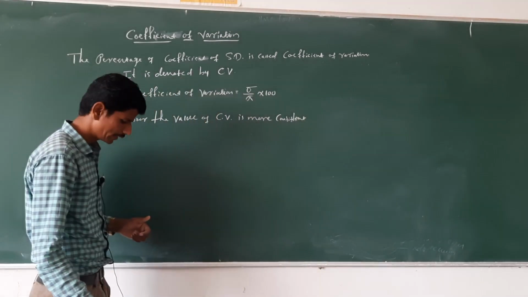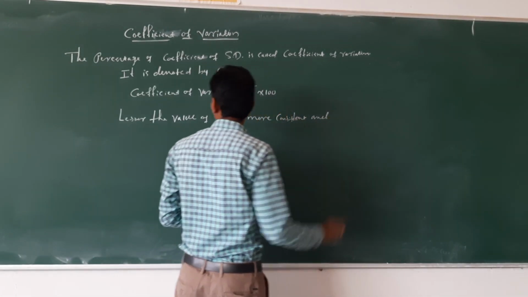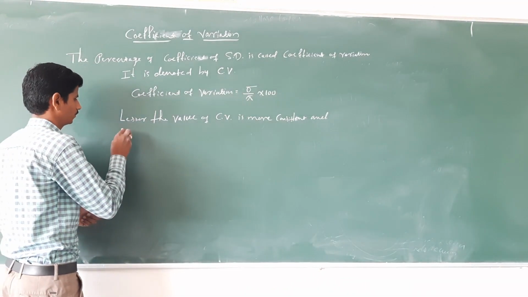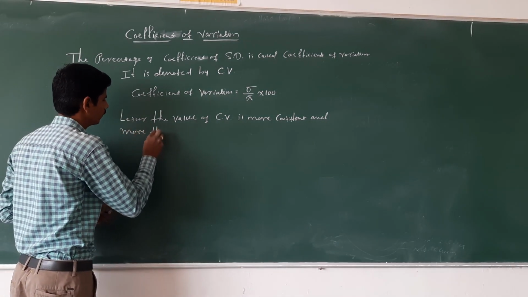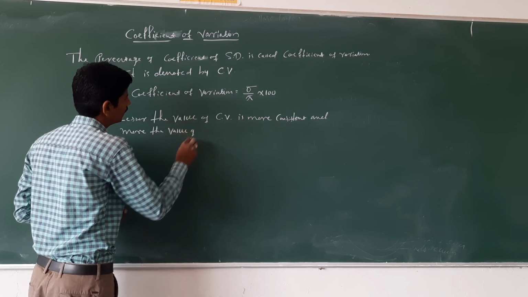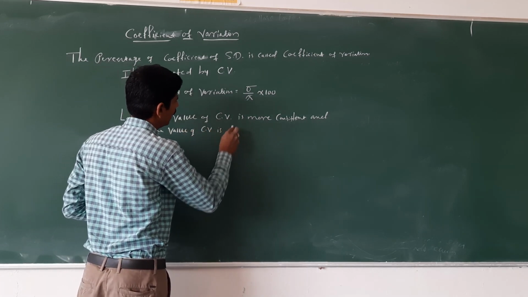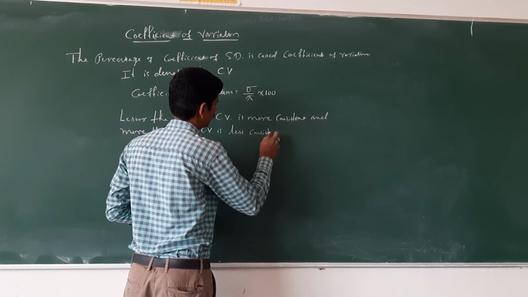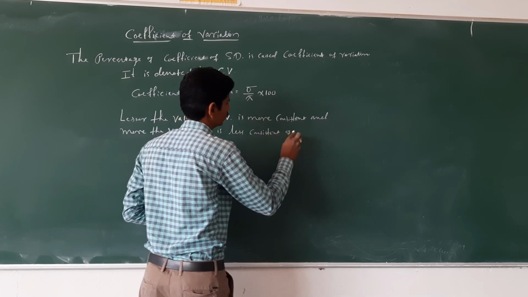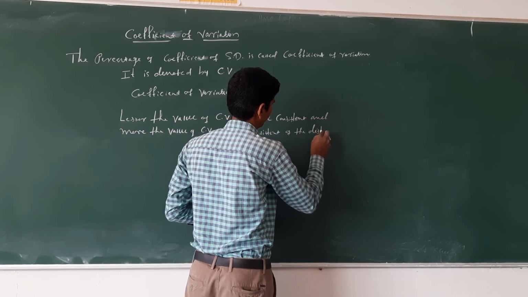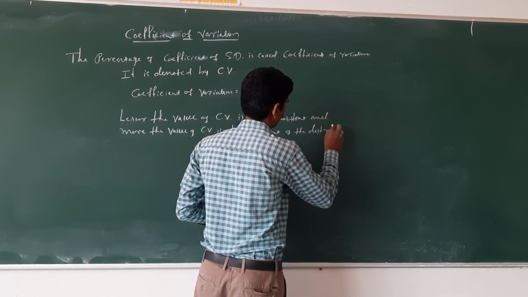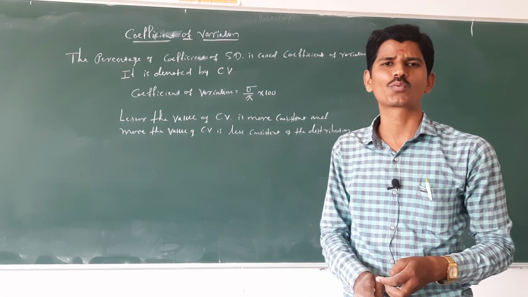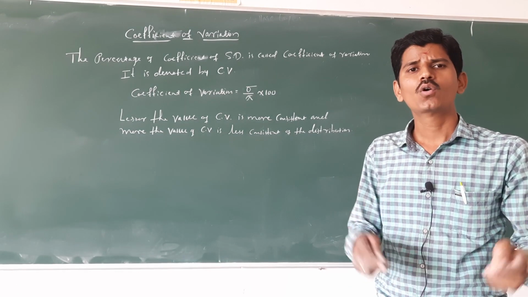The more the value of CV, the less consistent the distribution. CV is used for comparing two or more frequency distributions.